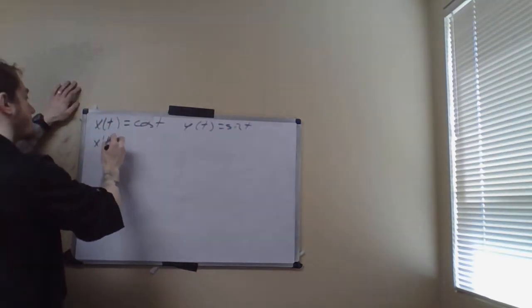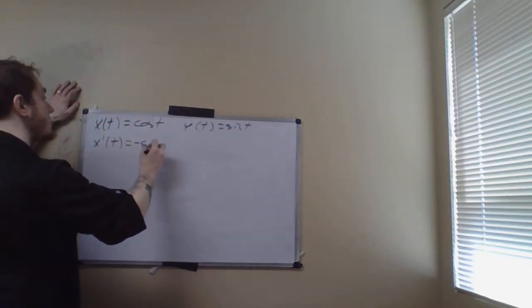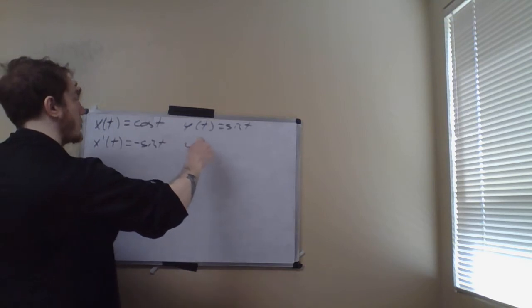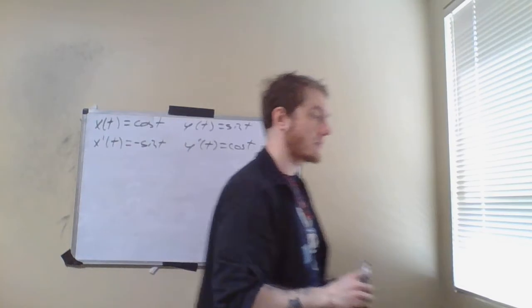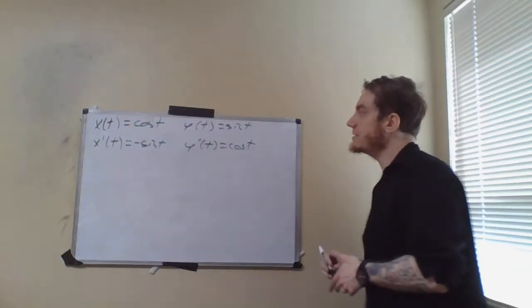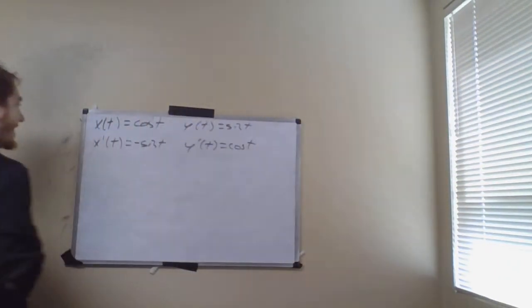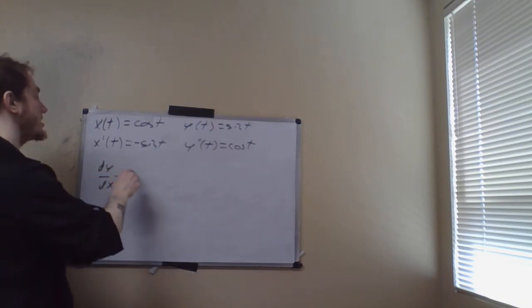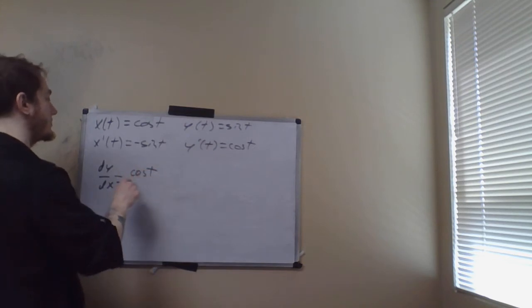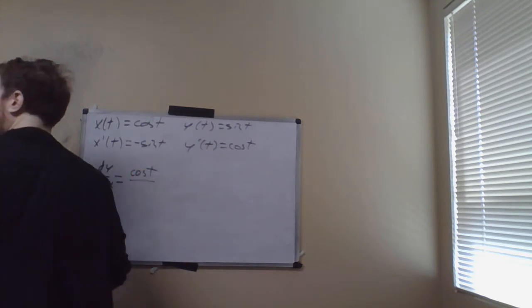Well, x prime of t is equal to negative sine t, and y prime of t is equal to cosine t. So what ends up happening is that at any given point, dy by dx is going to be equal to the cosine of t divided by, oh, hey.